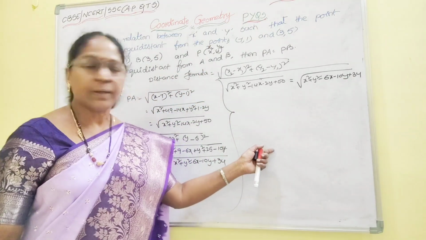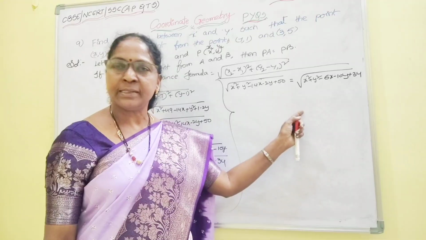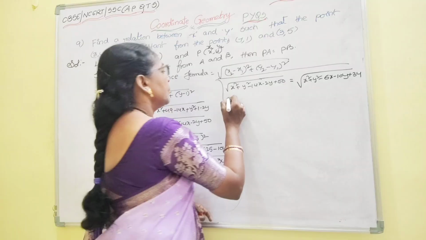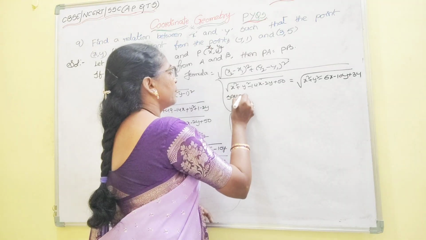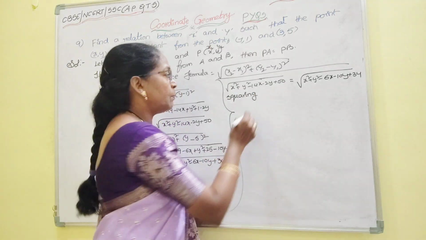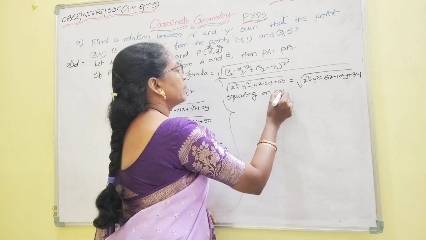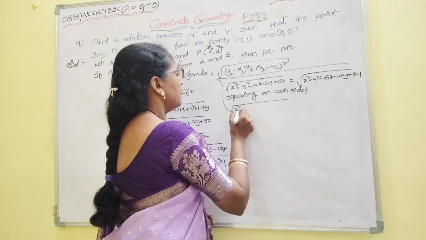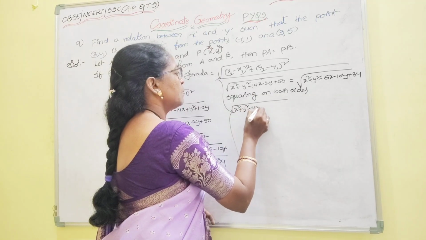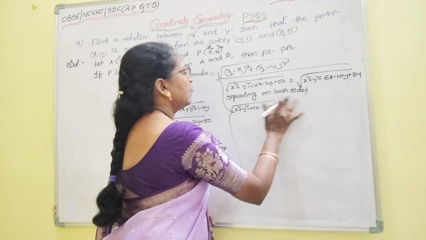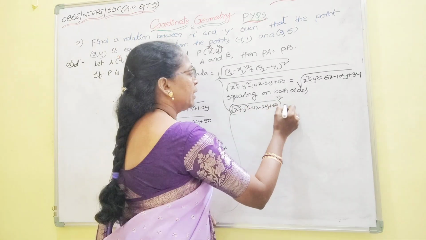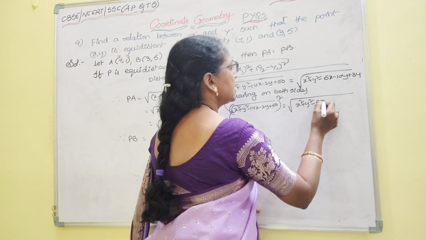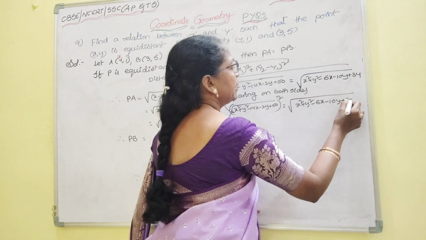Now, simplification. How can you simplify? Whenever a square root symbol is there, to remove the square root you have to do one thing, that is, squaring on both sides. Then simply you can remove the square root symbol. Squaring on both sides: the square root of x square plus y square minus 14x minus 2y plus 50 whole square equals the square root of x square plus y square minus 6x minus 10y plus 34 whole square.